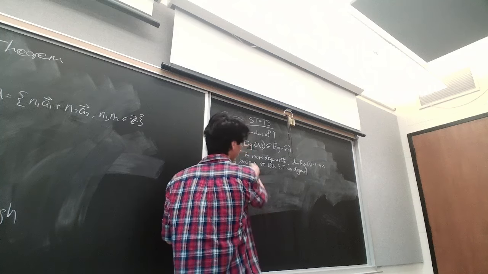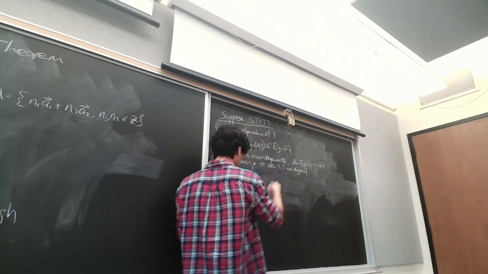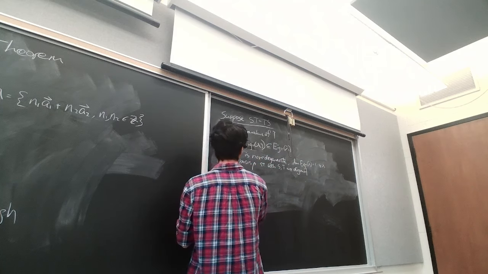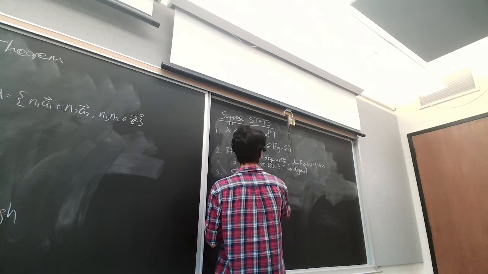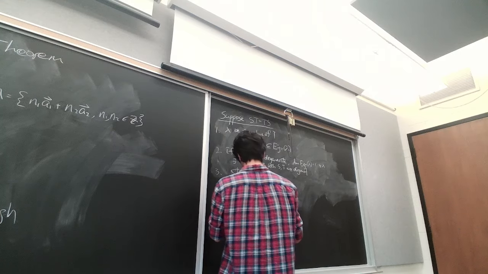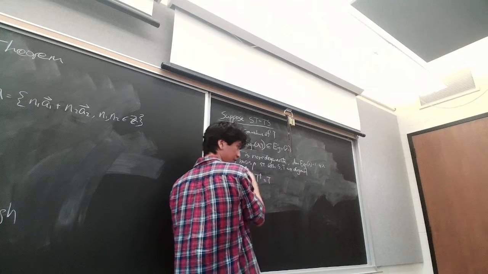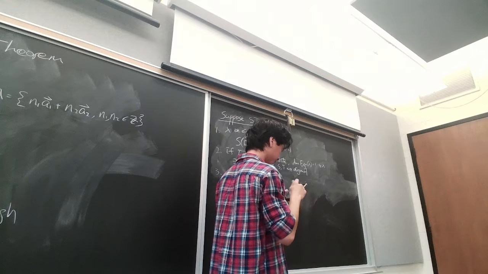Now, suppose we don't know that it's non-degenerate, but we do know that both S and T are self-adjoint, and V is countable dimensional.